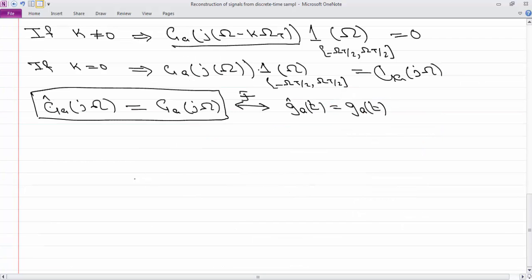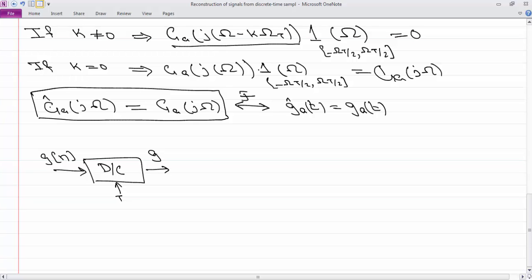So in block diagrams, you are often shown this figure that g[n] goes in, and people say D-to-C with capital T, and you get back some ĝ_A(t). What this operation means is that you are using an ideal low pass filter, and this operation mathematically is divided into these two blocks: sequence to impulse train.